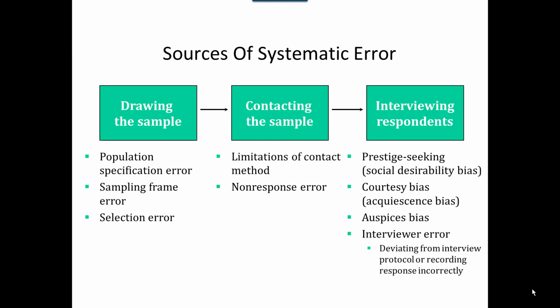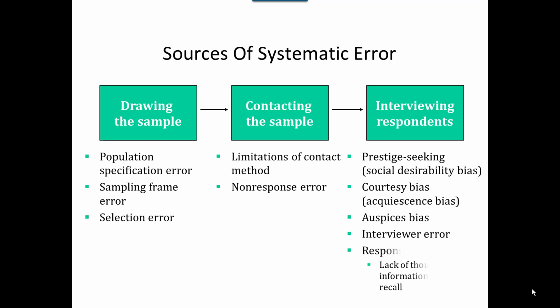Interviewer error refers to biases created by untrained interviewers due to a failure to stick to the interview protocol, that is, the script. For example, if they try and explain or rephrase the question in their own words. Clearly, this can be a problem, especially if there are multiple interviewers all using their own words, in which case there will be multiple versions of the question being asked and it will be impossible to interpret the data.